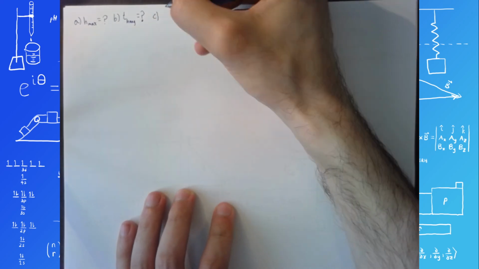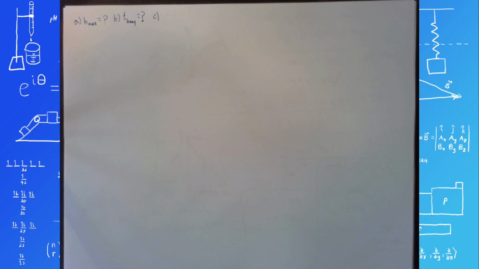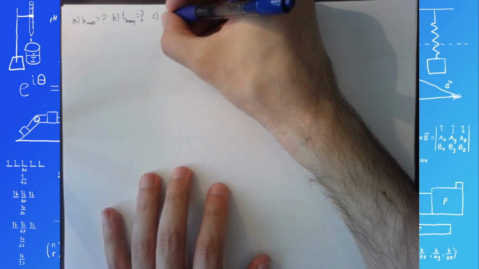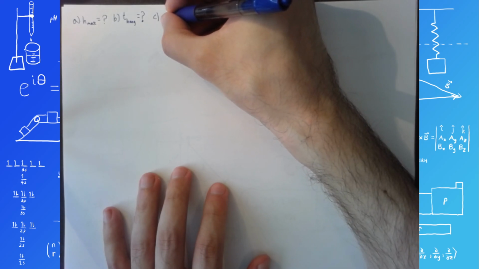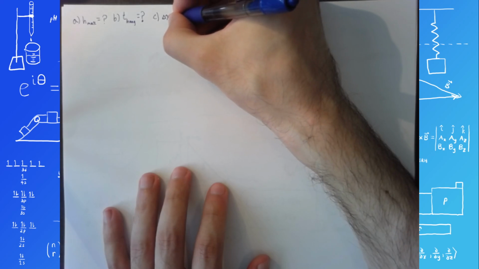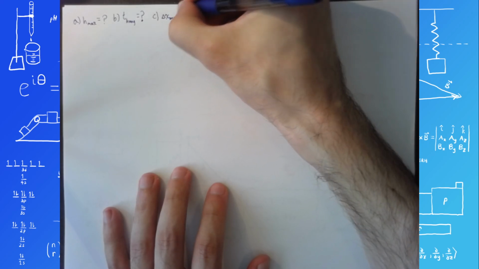And part C, we want to find its horizontal range. What is delta x max or delta x total, whatever you want to call it?